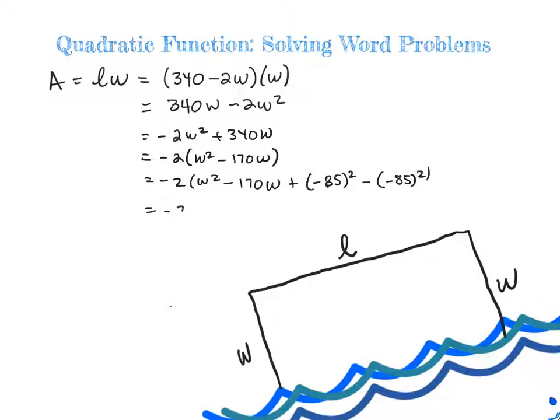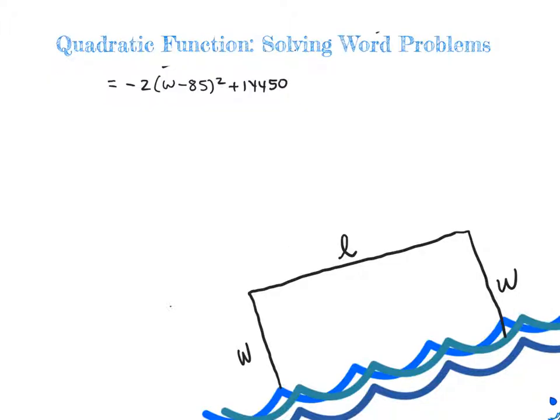That gives us negative 2, W minus 85 squared minus 85 squared. Then we can expand it out and factor and multiply by 2, so we get negative 2, W minus 85 squared plus 14,450.